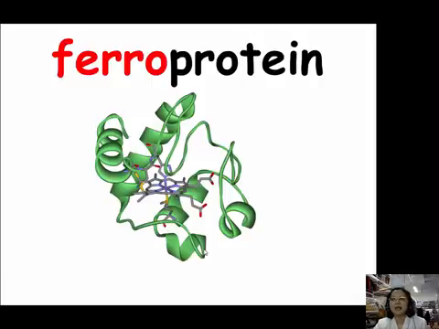Ferroprotein is any protein that contains an iron in a prosthetic group. Like in this picture, this protein is cytochrome C, which is a component of oxidative phosphorylation. And cytochrome C has an iron in the center, so it is a ferroprotein.